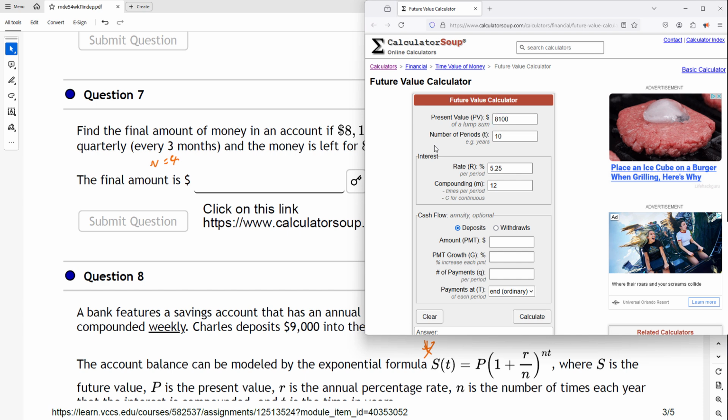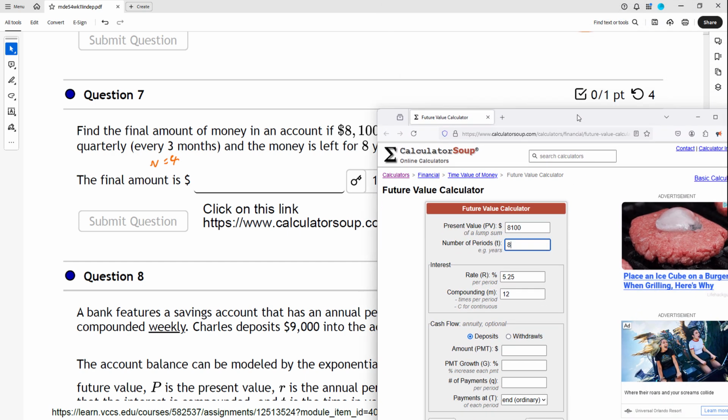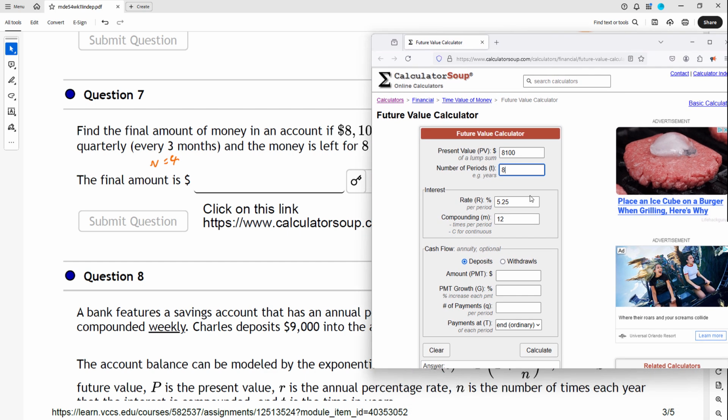And the number of years, they say there it is for 8 years. T, 8 years. What is the rate given to us to be? The rate is at 4% interest.